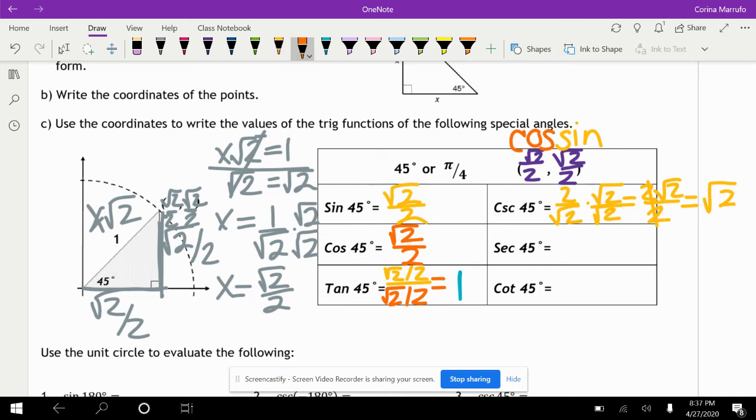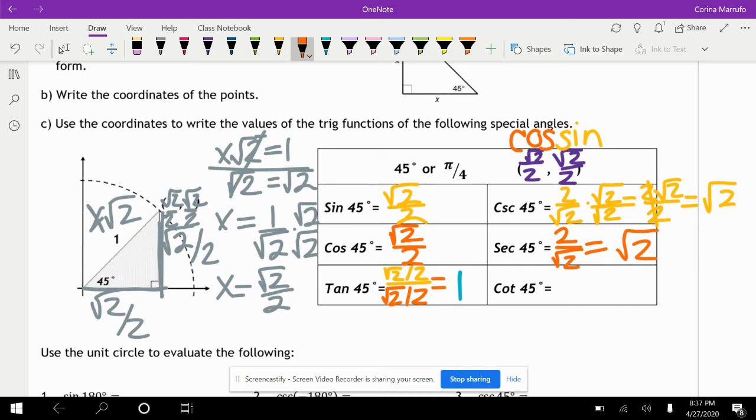Now for secant of 45, secant is the opposite of cosine, so we do have to do the reciprocal. So we flip it around, and it becomes 2 over the square root of 2. And then the same thing happens. So I'm not going to do all the work all over again. I know once I rationalize, this is going to give me the square root of 2. And then finally, cotangent of 45 degrees.